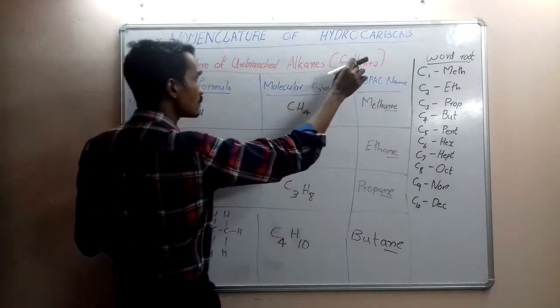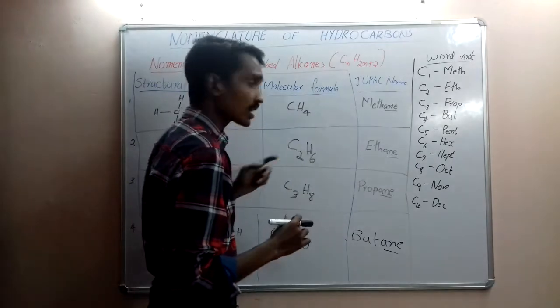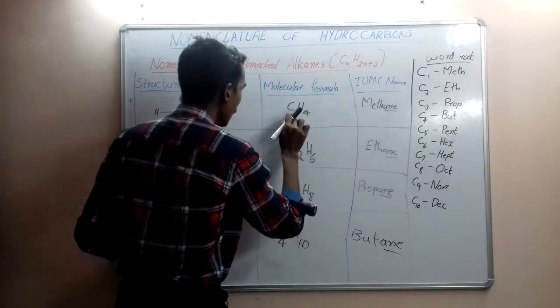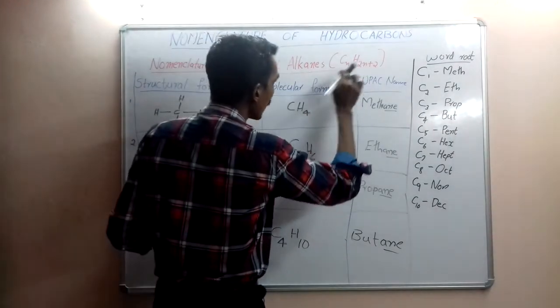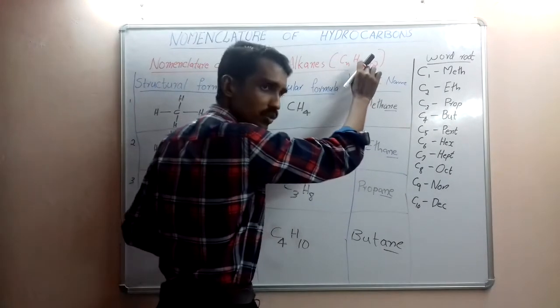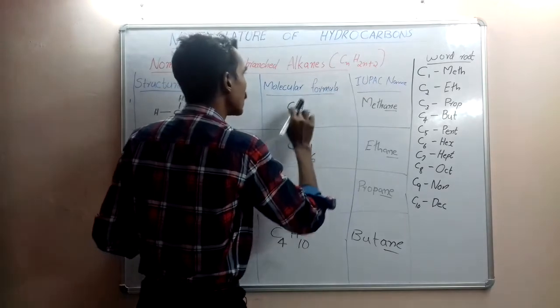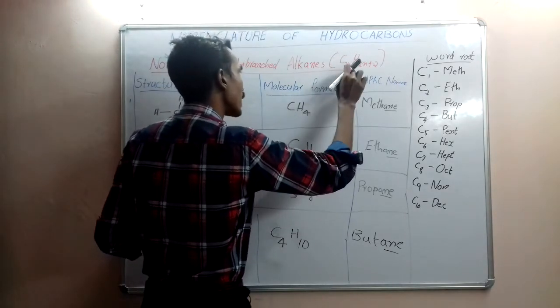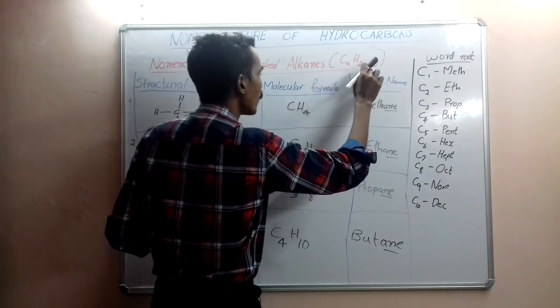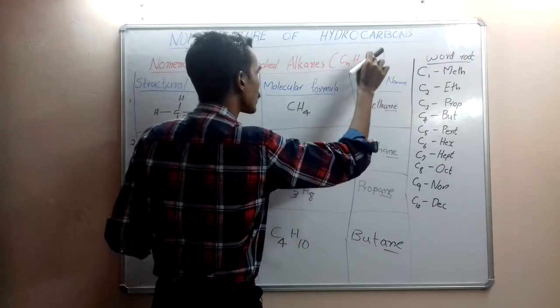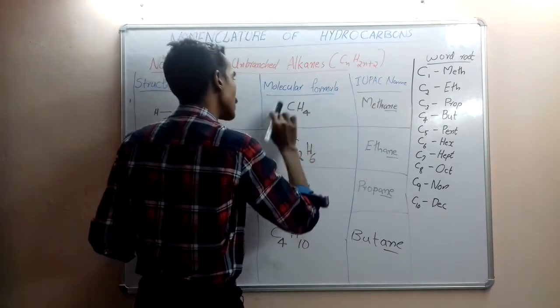In the case of the general formula, 1 carbon is there, so n is 1, 2 into 1 plus 2 is 4, so hydrogen is 4, so CH4.